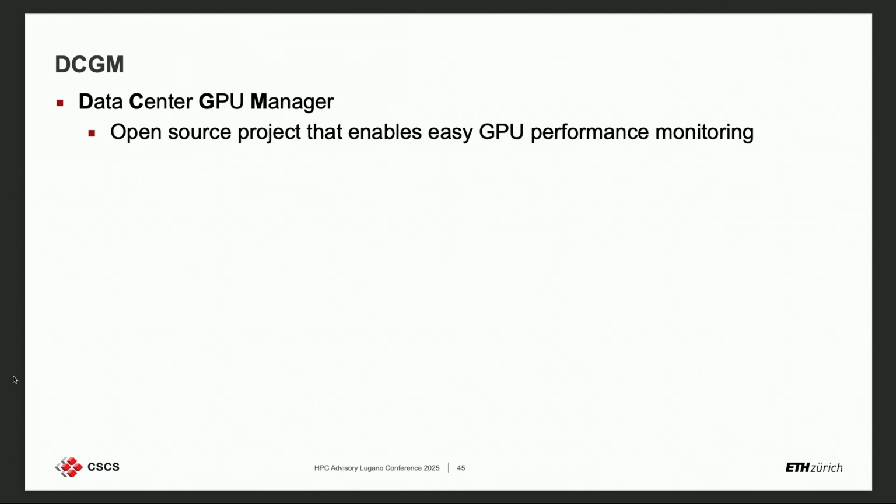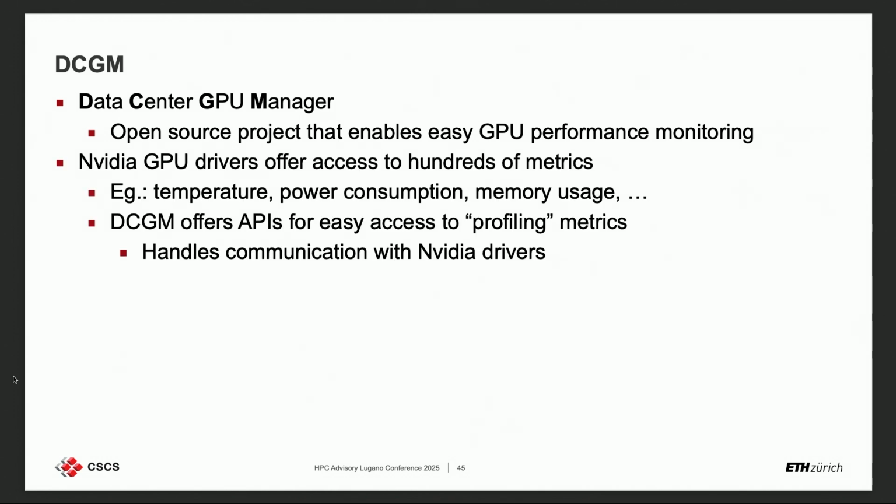Finally, we looked at DCGM, the Data Center GPU Manager. It's an open source project that enables easy GPU performance monitoring, and it offers access to hundreds of metrics, potentially thousands, depending on the system, for the NVIDIA GPU drivers. It can offer metrics such as temperature, power consumption, memory usage, and whatever you can think of.